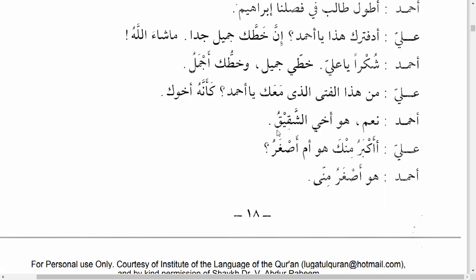It was basically akhun, right? And we have added al-ya al-mutakallim, so it became akhi. And the adjective that we have used for brother. So it was basically akhu or akhun ash-shaqiqu, right?